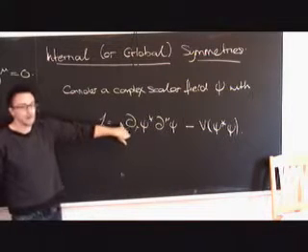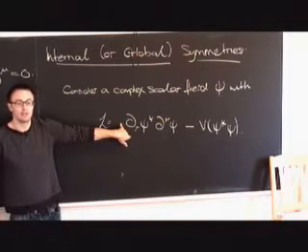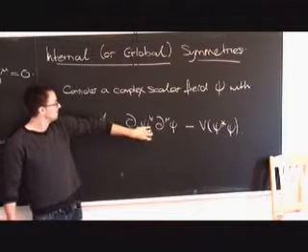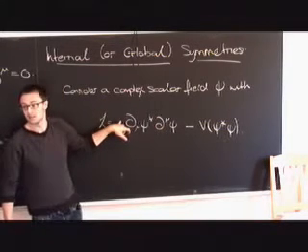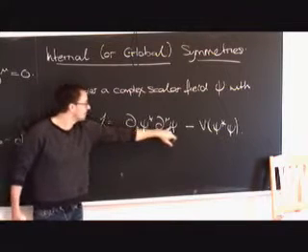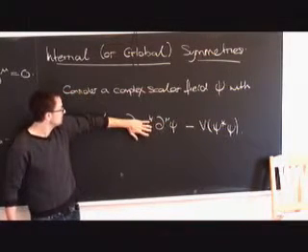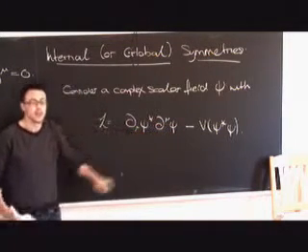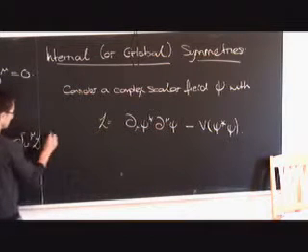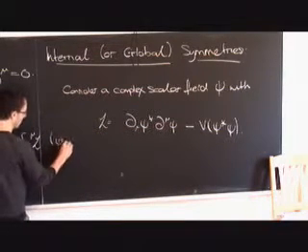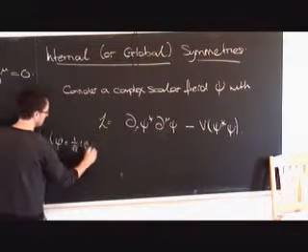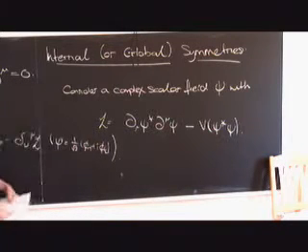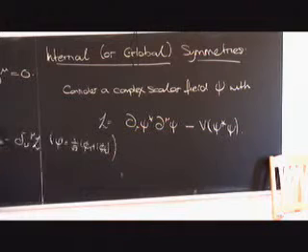Really the reason that we don't have a half here when it's a complex field is this. If you think back to the Klein-Gordon equation, it was a half (dφ)², and when you differentiate, the 2 comes down and cancels the half. But when it's complex, psi is independent from psi star, so if you differentiate with respect to, say, dψ star, the derivative goes over, but you don't get a factor of 2. Another way of saying that is if you think of this in real fields, we can expand it out with a square root of 2 there, and then this gives you the half that you need for the real Lagrangian.